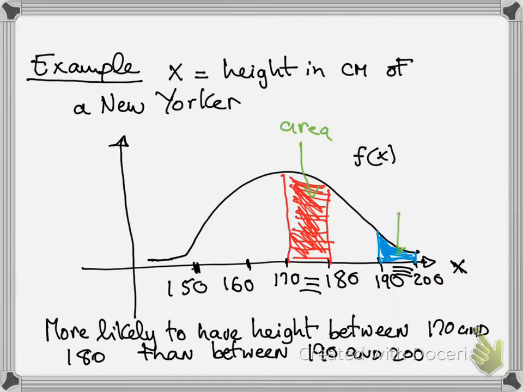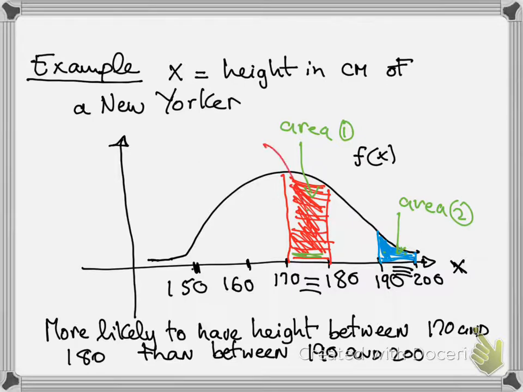If you compare these two areas, this one, area 1, and let's call this area here area 2, area 1 is larger than area 2. That's why it's more likely to have a height of a New Yorker between 170 and 180 than between 190 and 200. Because again, this red area represents a probability.